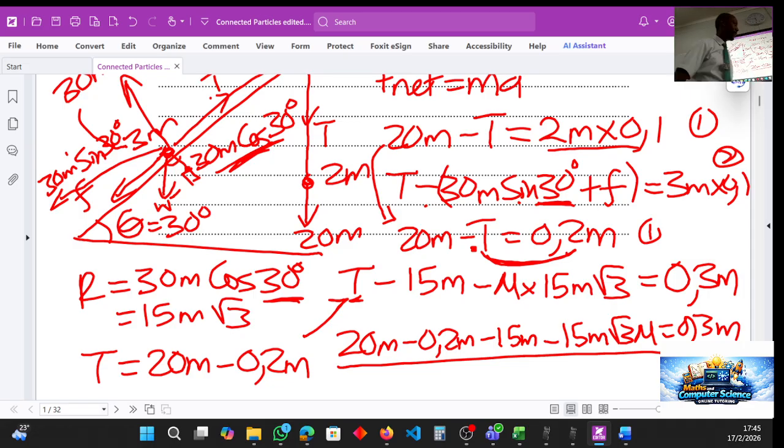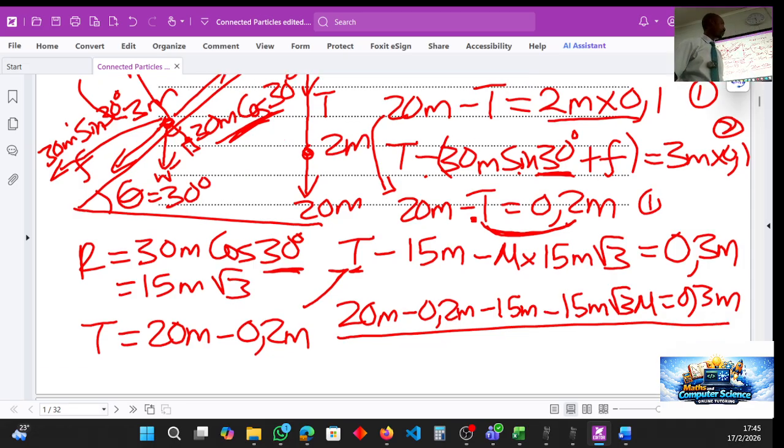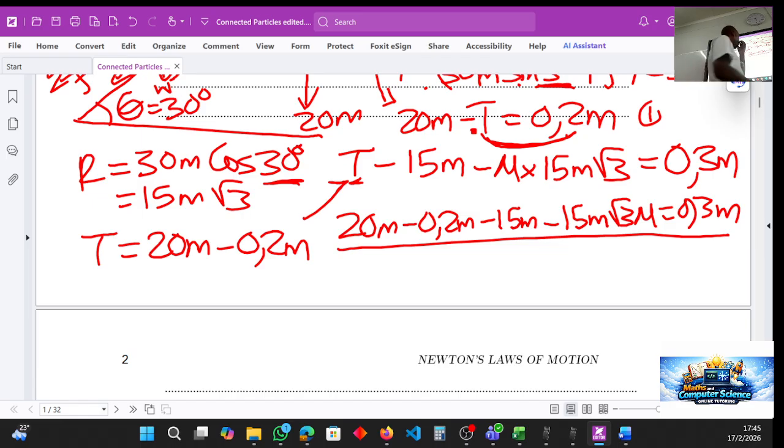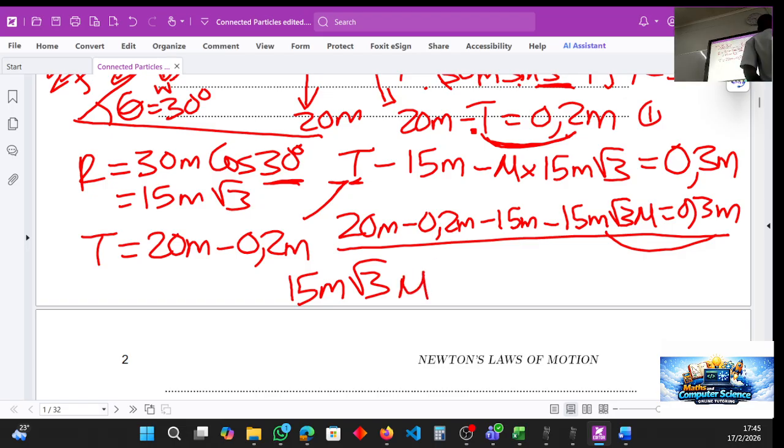I need to solve for mu. I'm allowed to swap around these two because I want to make mu the subject. So it's 15m root 3 mu equal to 20m minus 0.2m minus 15m minus 0.3m.